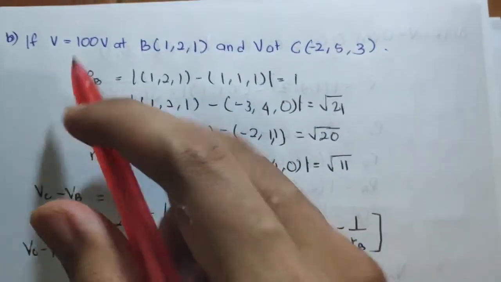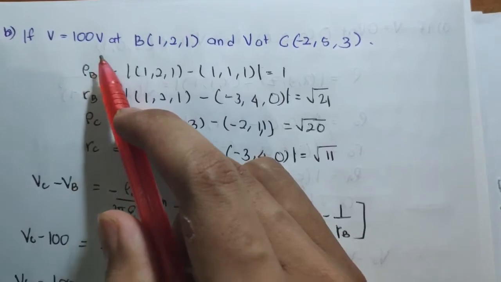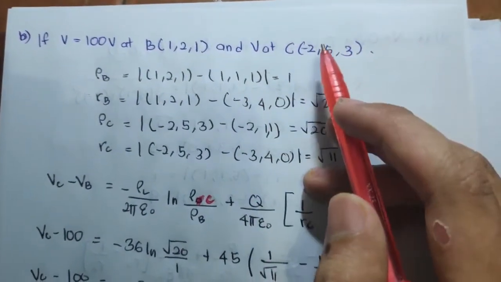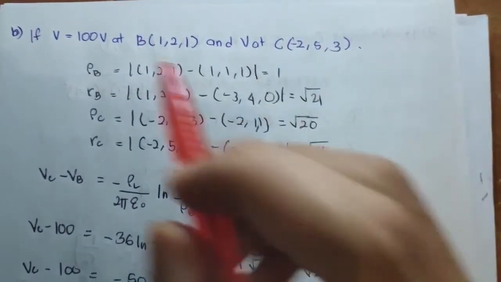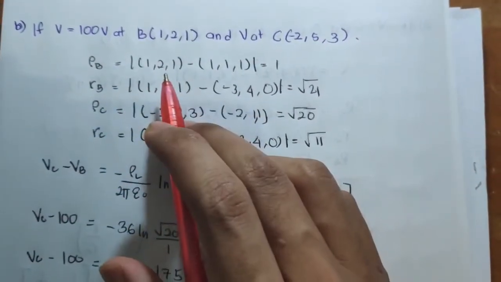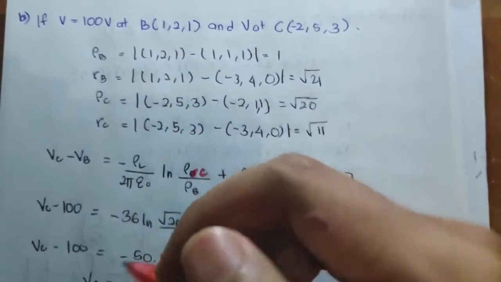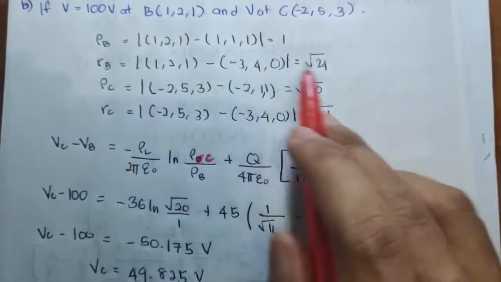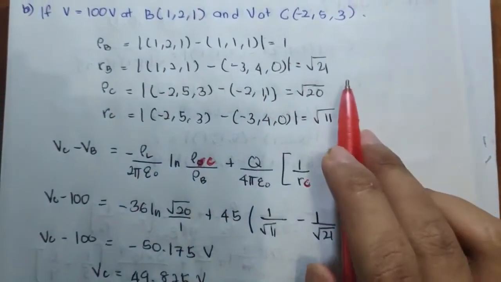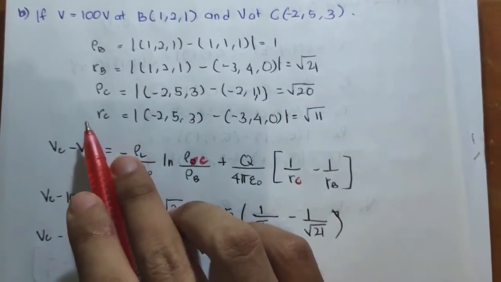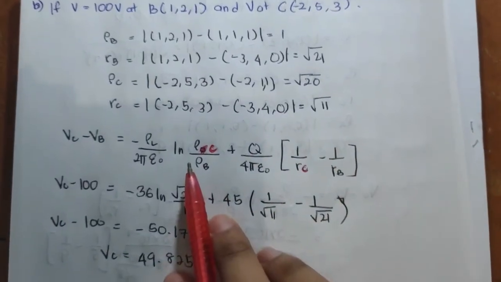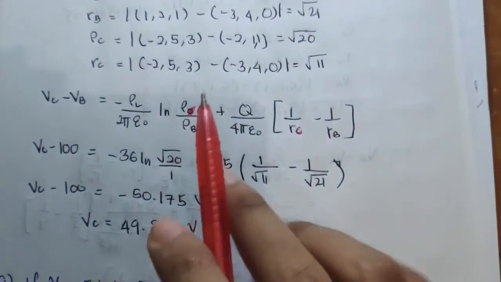For question B, V equals 100 volt at B (1, 1, 1) and we need V at C (-2, 5, 3). We apply the same equation as before because it's the same question, but with different values. So rho B equals 1, RB equals square root of 21, rho C equals square root of 20, RC equals square root of 11.